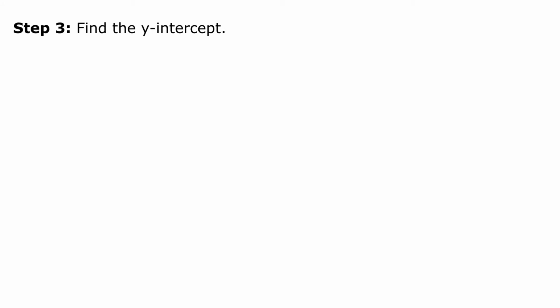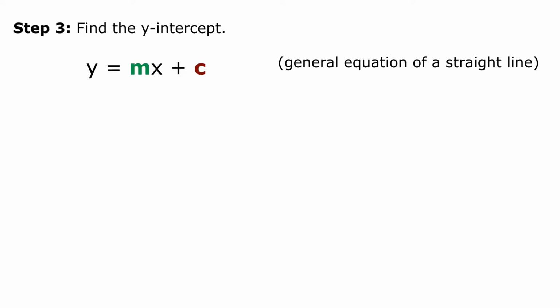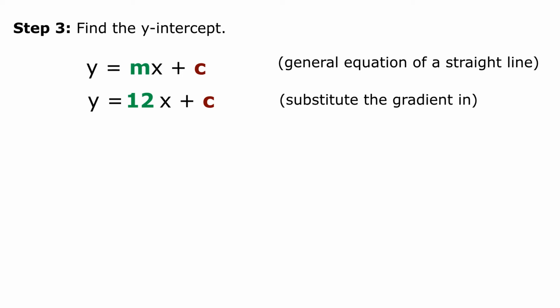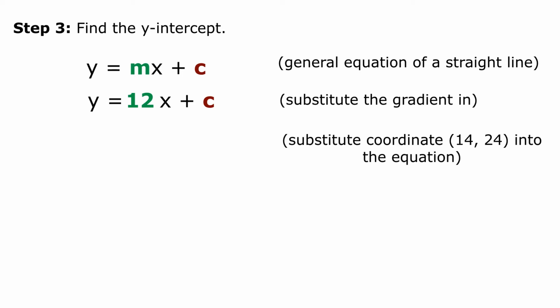Now I need to find the y-intercept. So to find the y-intercept, I'm first of all going to write down the general equation of a straight line. So y equals mx plus c. Then I'm going to substitute the gradient in because I've found the gradient already, so instead of m, I'm going to put the gradient of 12.